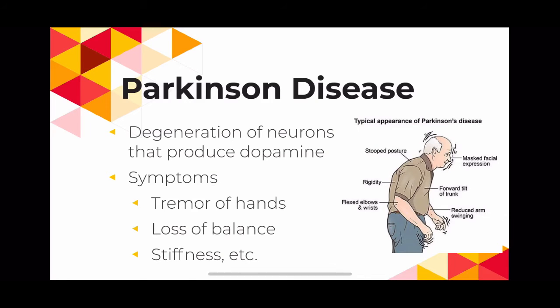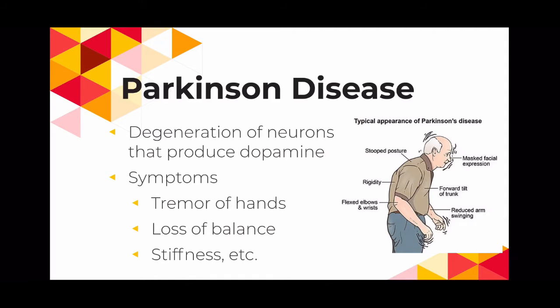The next disorder we are going to talk about in this video lecture is Parkinson's disease. I've seen it as Parkinson's disease or Parkinson disease. I'm not entirely sure which one is correct, but this is a disease that's caused by the degeneration of neurons that produce dopamine.